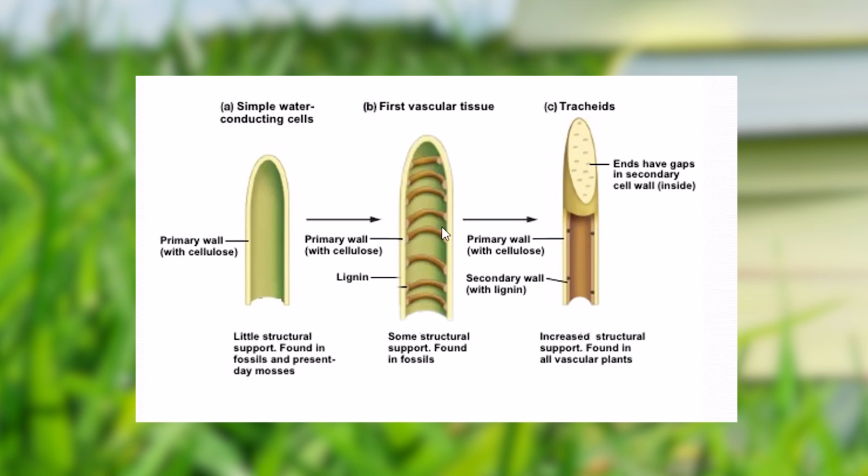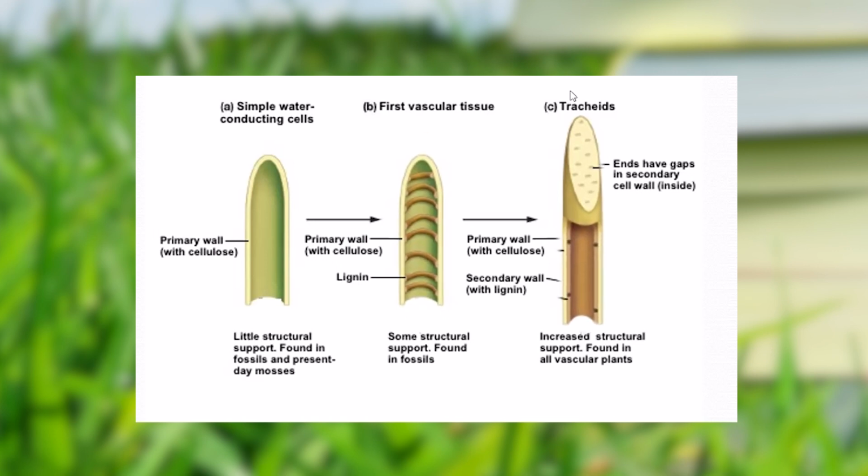So these lignified tissues were able to provide some support to the plant. Ultimately, the tracheids were formed having a primary cellulosic wall and a secondary lignified wall. Along with that, pits are present at the end of the particular tissue. So this gives increased structural support, and this is common in all vascular plants.